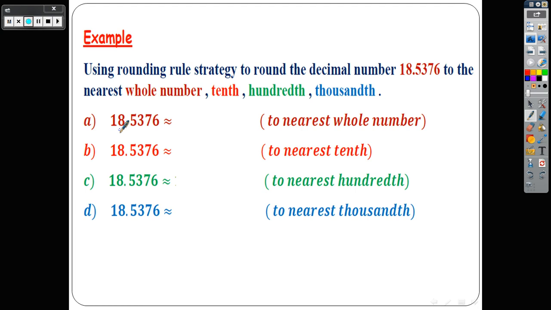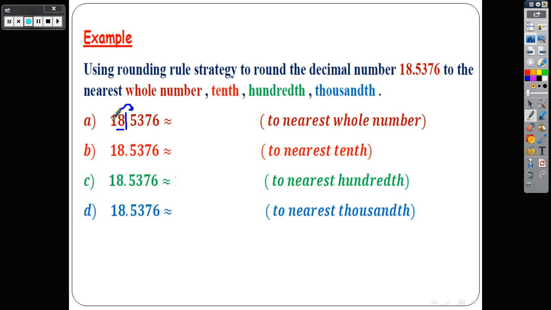What is the rounding place here? The rounding place is the whole number 8, the ones. After that, go to the next door. What is the next door? It's 5. I say 5 or more, add 1 more. So you add 1 more to 8, and the 8 will be 9.